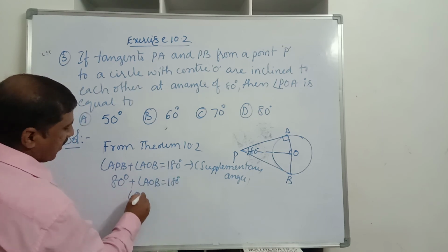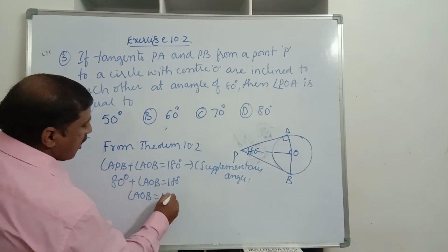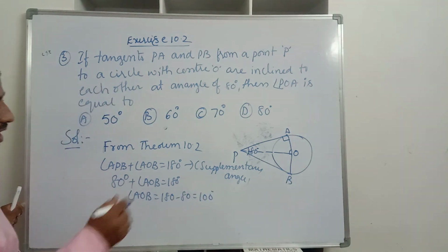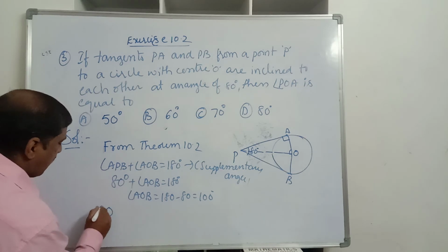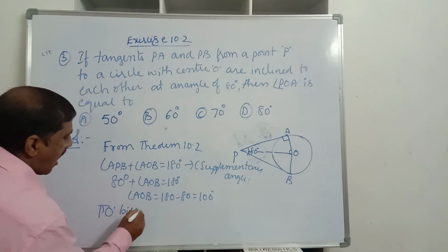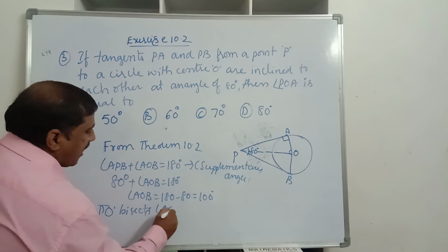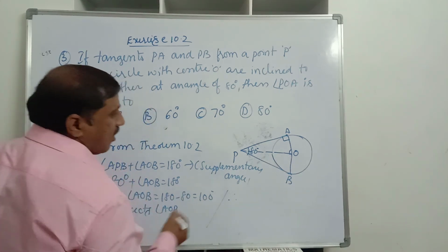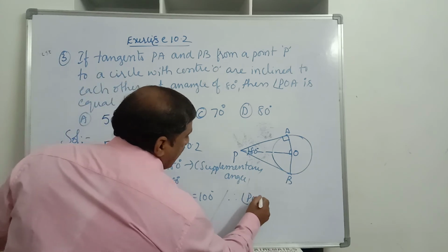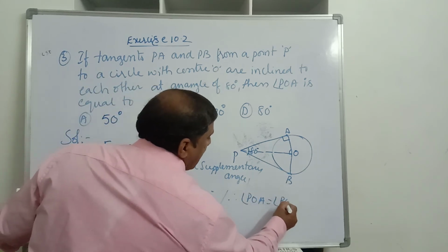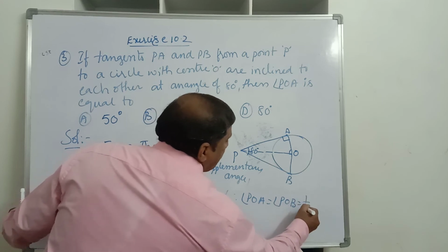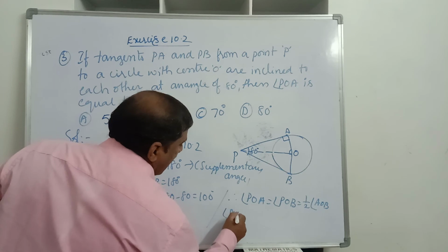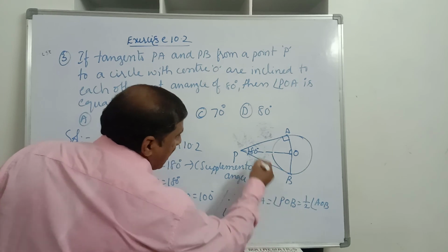Now angle AOB is equal to 180 minus 80, which is 100 degrees. And PO bisects angle AOB, therefore angle POA is equal to angle POB, that is half of angle AOB.